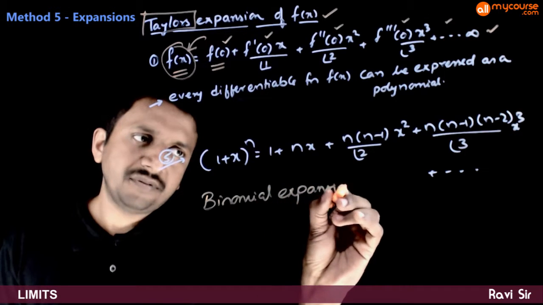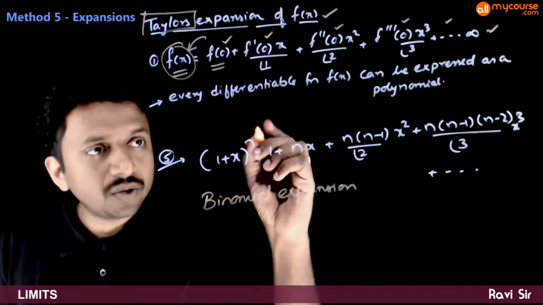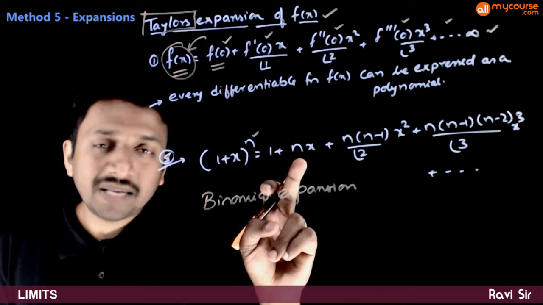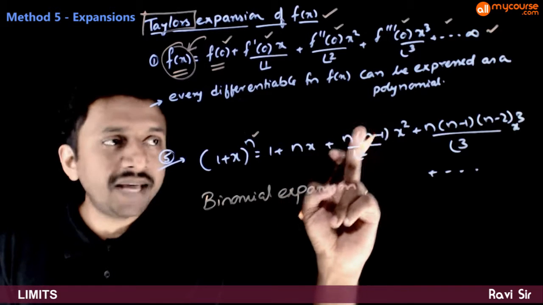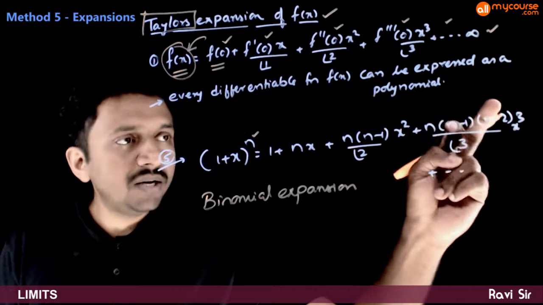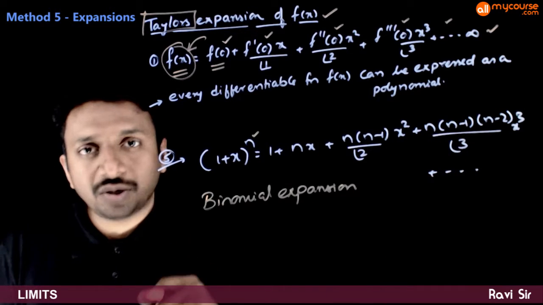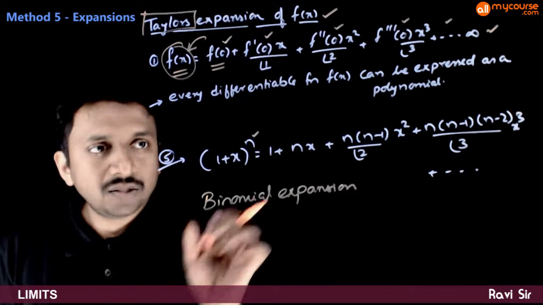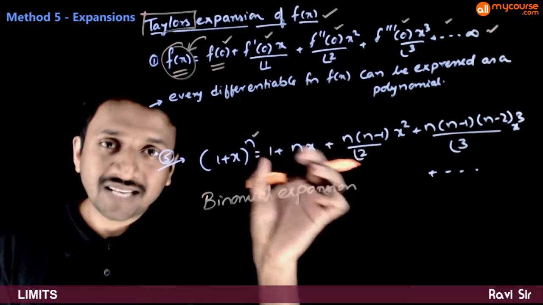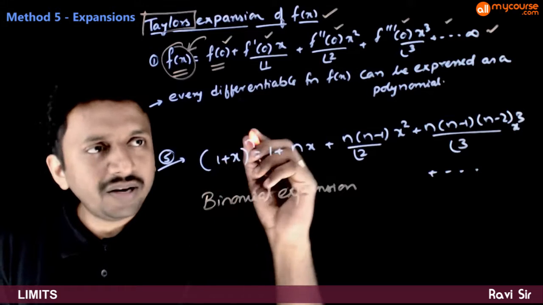So if you have the expression 1 plus x whole power n, the answer is 1 plus nx plus n into n minus 1 by 2 factorial times x square plus n into n minus 1 into n minus 2 by 3 factorial times x cube plus so on. So this is the expansion for 1 plus x whole power n.